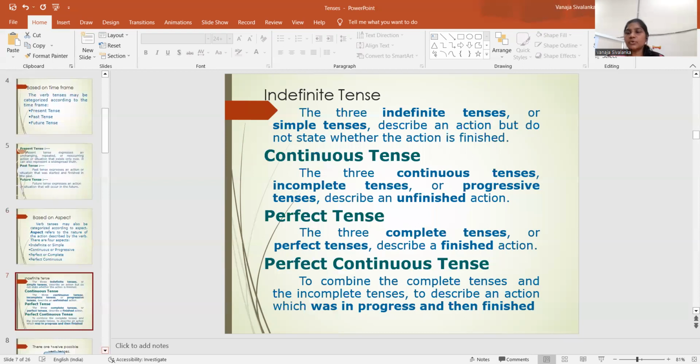So simple present, when do we use simple present? The simple present tense uses the infinitive form of the verb, that is, the third person singular form. It is used for the following purposes.